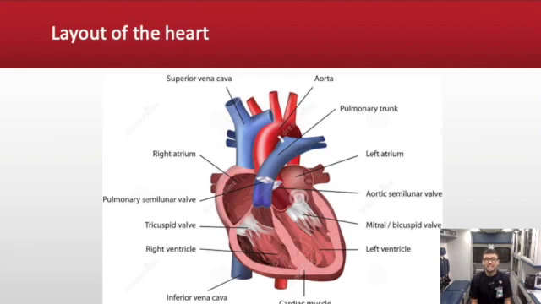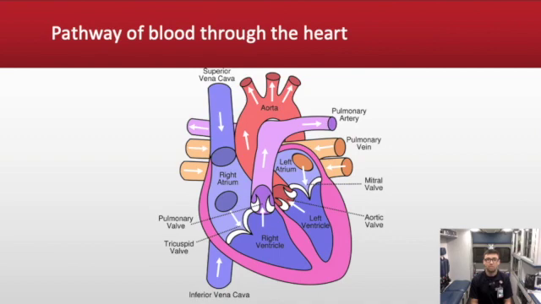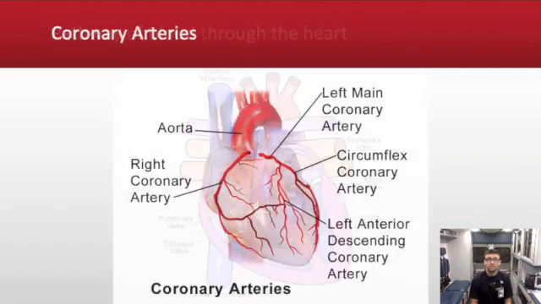It's coming back into the left atria, dropping down through the mitral valve into the left ventricle, which is then going to pump the blood through the aortic semilunar valve, through the aorta to the rest of the body, and that is oxygenated blood. That is the pathway of blood through the heart.